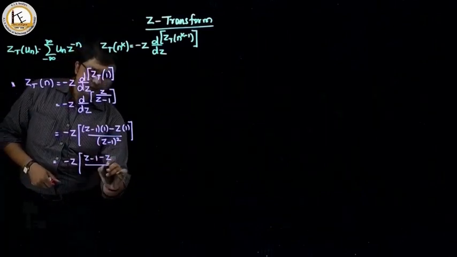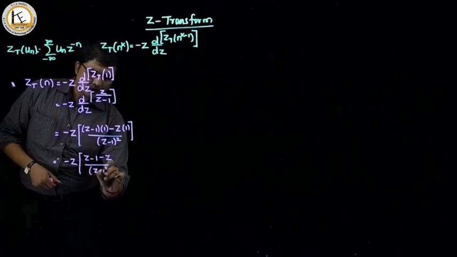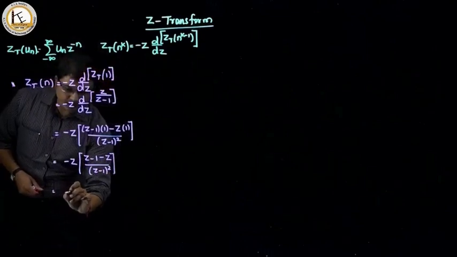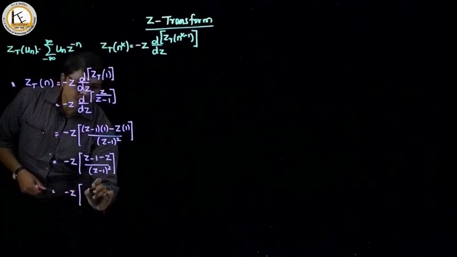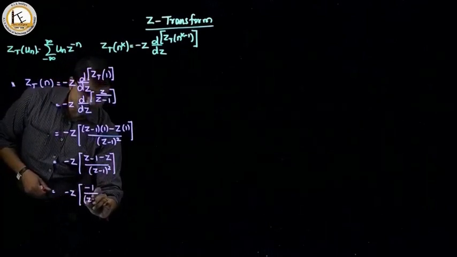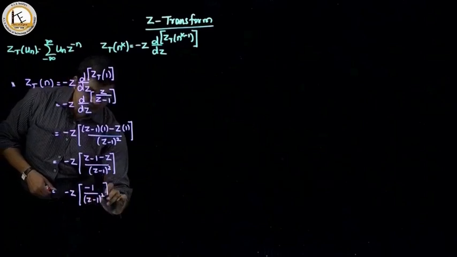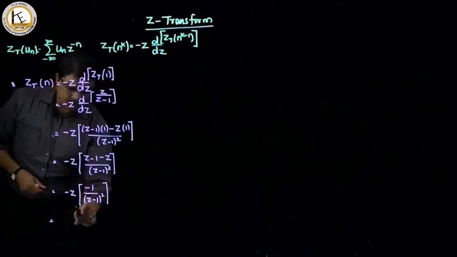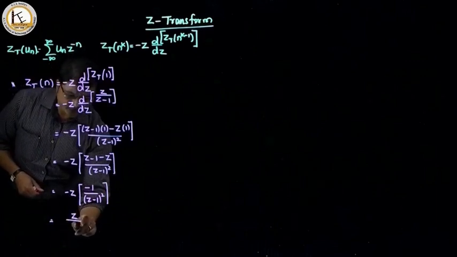Simplifying further, we have minus Z into Z minus 1 minus Z divided by Z minus 1 the whole square. Simplifying further, we get minus Z into, Z cancels, 1 divided by Z minus 1 the whole square.